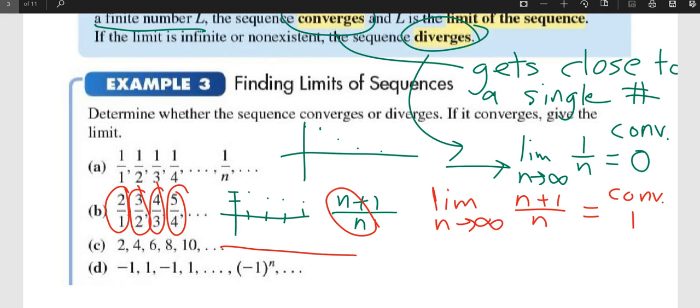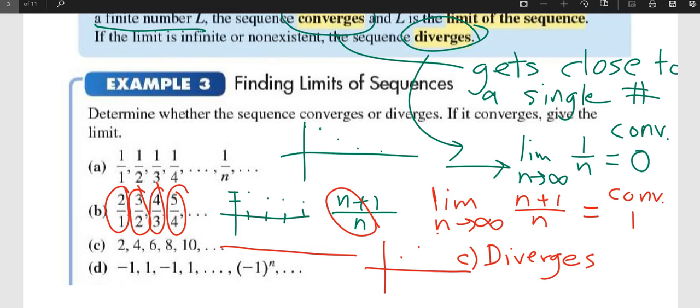If you look at the next one, though, you're starting at 2, and then you're going to 4, and then 6, and then, oh my goodness, it's just continuing on out into the universe, never stopping. So that one right there is diverging. So part C diverges. D is the one I mentioned earlier.